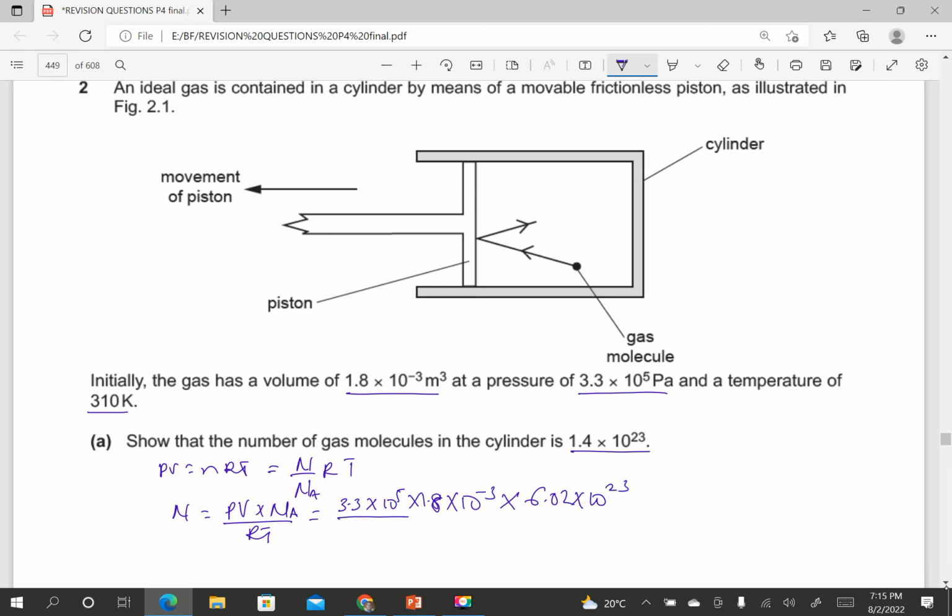Then we divide this by R, which is 8.31, times the temperature, which is 310. So this is going to give us the number of molecules. Let's check. Okay, so I'm getting 1.4 times 10 power 23. You can also verify.